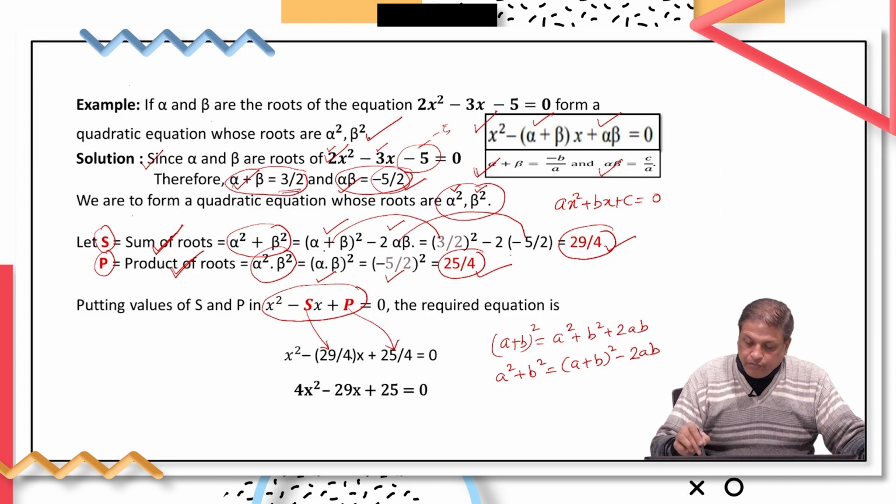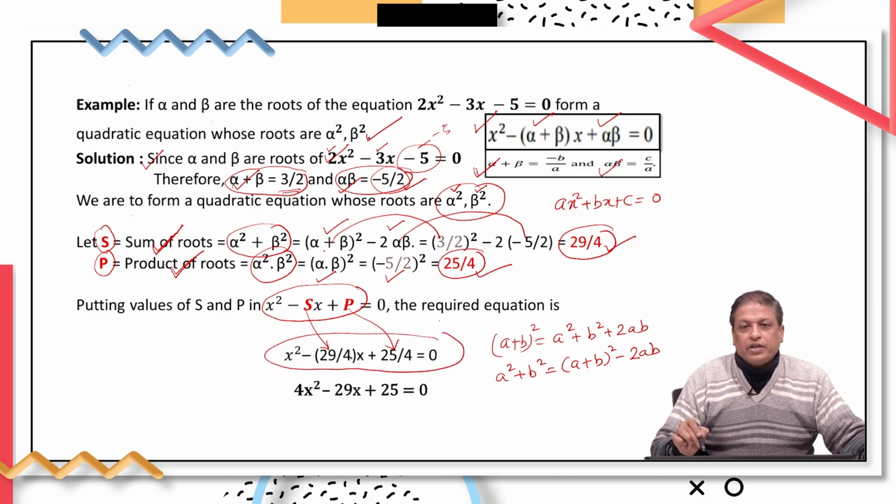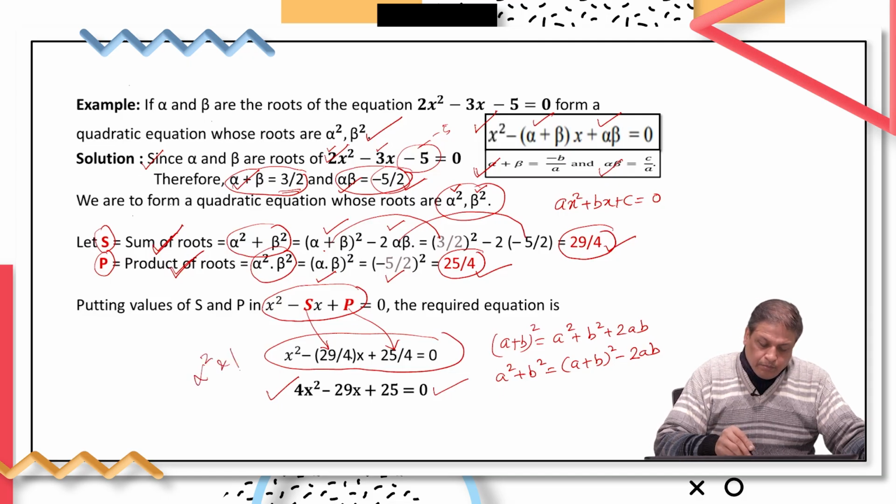You will get the quadratic equation x square minus 29 by 4 x plus 25 by 4. Now, simplifying the expression, you will get the quadratic equation 4x square minus 29x plus 25. This is the quadratic equation for which the roots are alpha square and beta square.